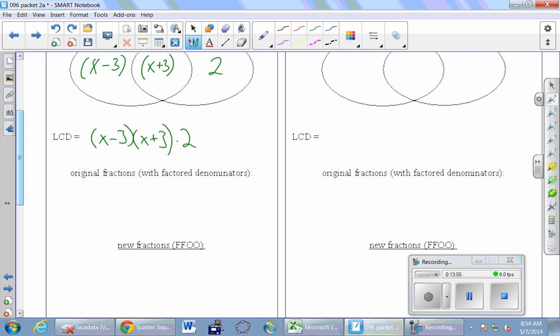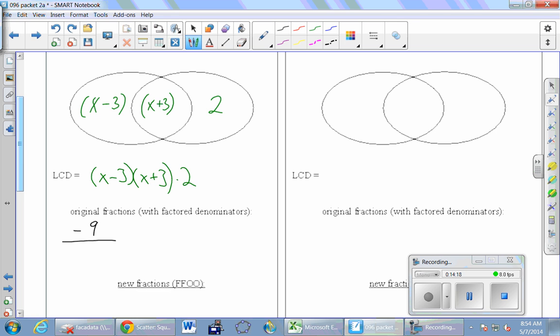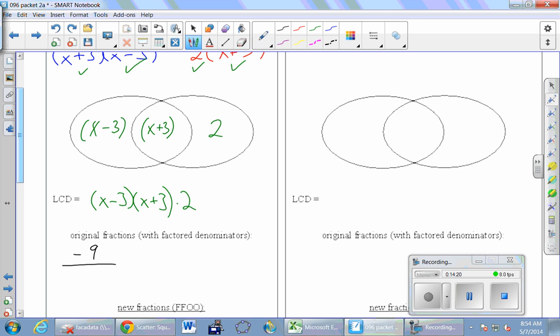Next thing is copying those original fractions. What was the first one originally? I think you're on the wrong one. Good. Instead of x squared minus 9, what are we going to put? That's right.